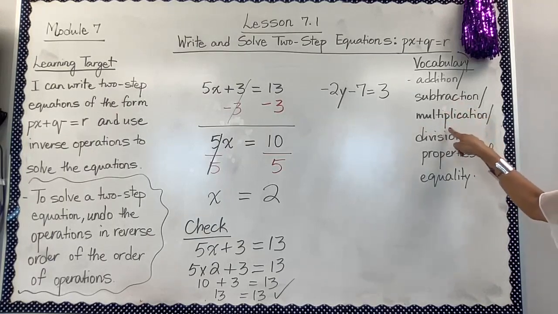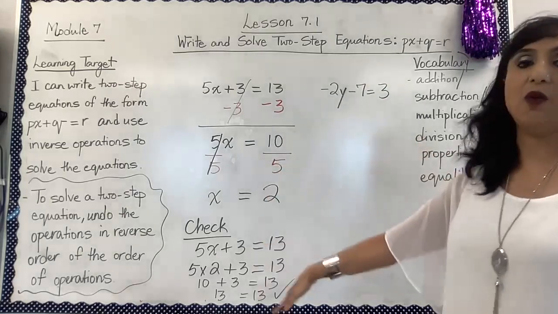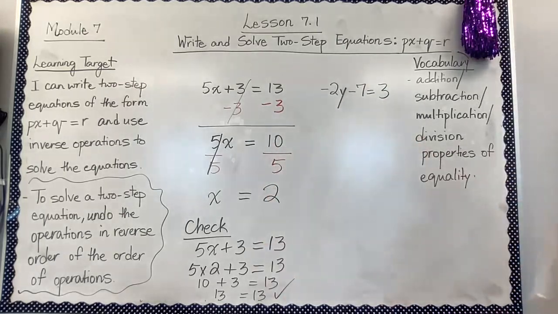For the multiplication property, two sides of an equation remain equal if you multiply each side by the same number. And the division property of equality is when you divide each side by the same non-zero number. And so that's basically what we are doing over here when we are solving these equations.